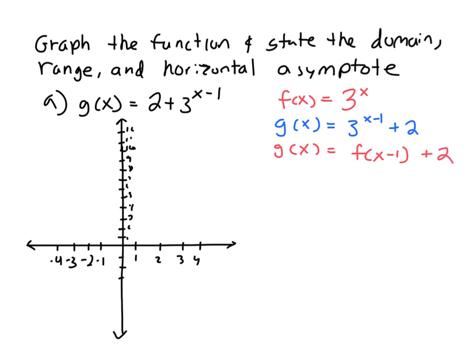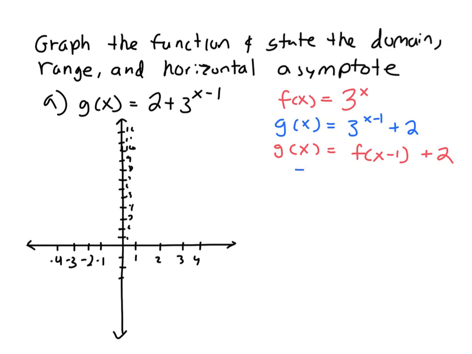So in this transformation, a is 1, b is also 1, so we don't actually have to worry about those. We just have the transformations c and d, where c was the horizontal transformation and d was the vertical transformation.